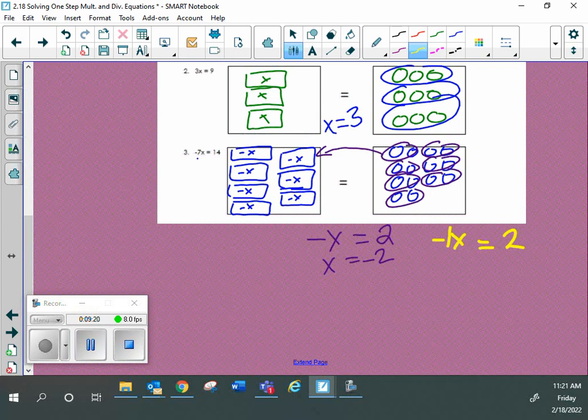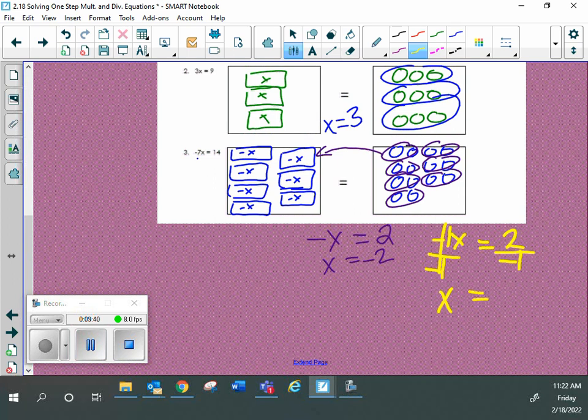Okay? So to solve this, to get X by itself, I'm actually going to divide by negative 1. It's a little weird, but just go with me. Okay? Negative 1 divided by negative 1 would give me just 1. Give it itself. So I'd just be left with X, because those basically cancel each other out. 1. It's the same thing.